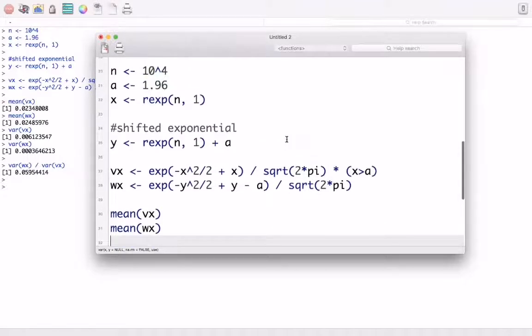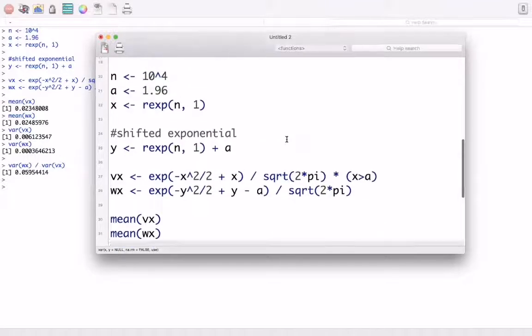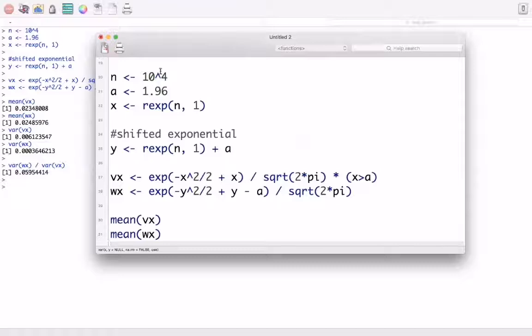The R codes are actually fairly straightforward. As usual, you basically just need to specify the sample size. And here is your constant, right? And then the rest are just basically the distribution from which you sample, okay?